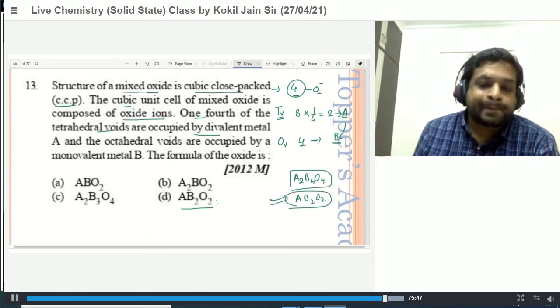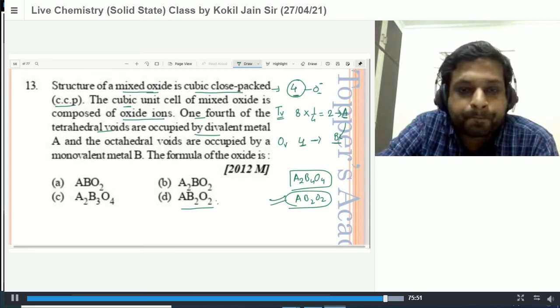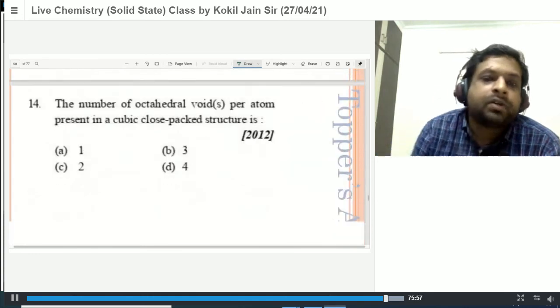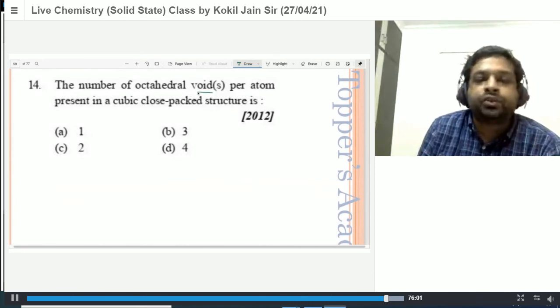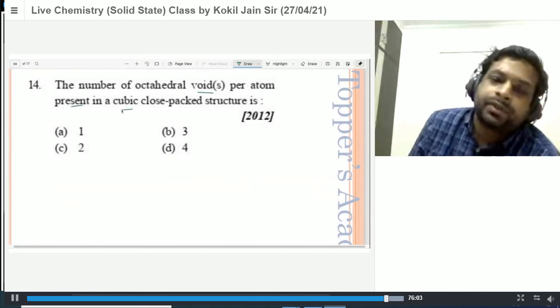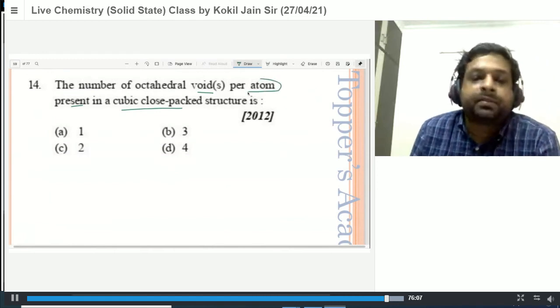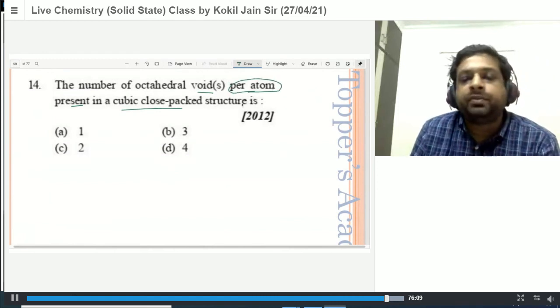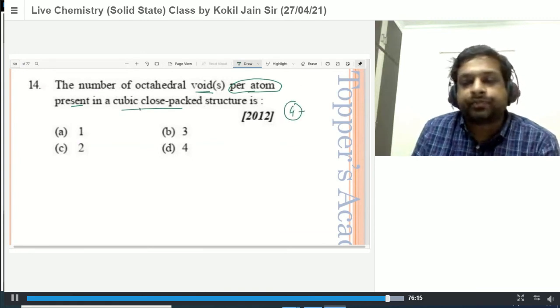Now let's see another question: number of octahedral voids per atom present in a cubic close packed structure. The question asks for per atom. Number of octahedral voids are 4 in a cubic close packed structure.